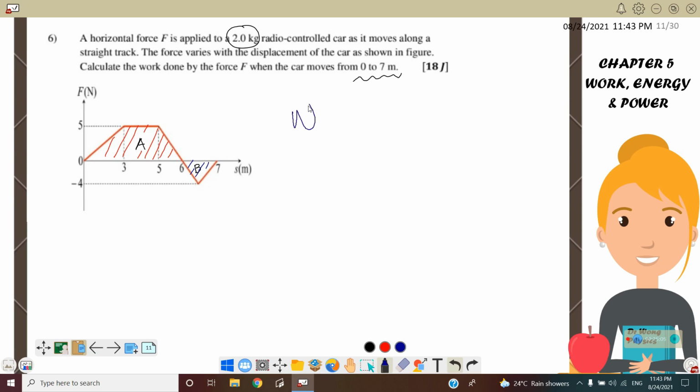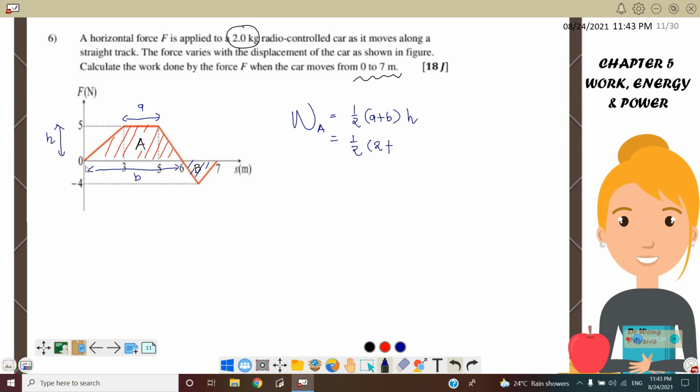We can find the work done for part A, where the displacement is from 0 to 6 first. Because this is a trapezium, the equation we use is half times (A plus B) times H, where this is A, this is B, and this is the H. A is 5 minus 3, so it's 2.